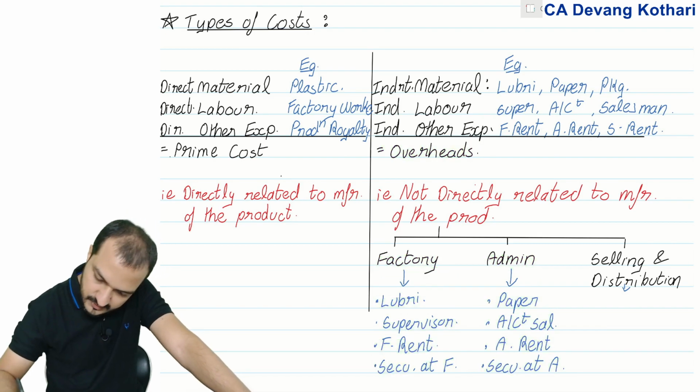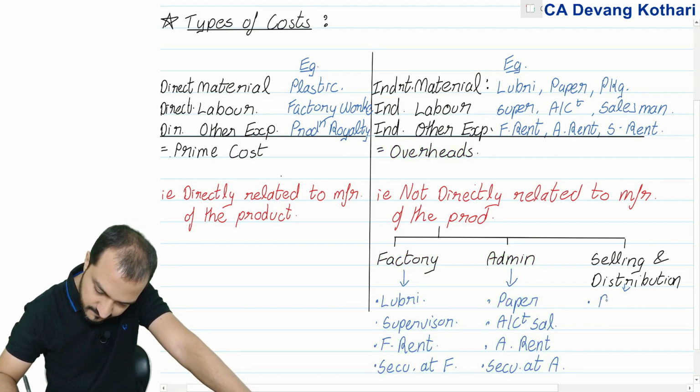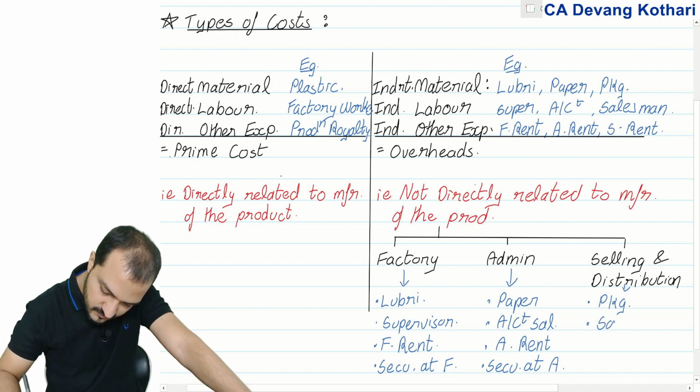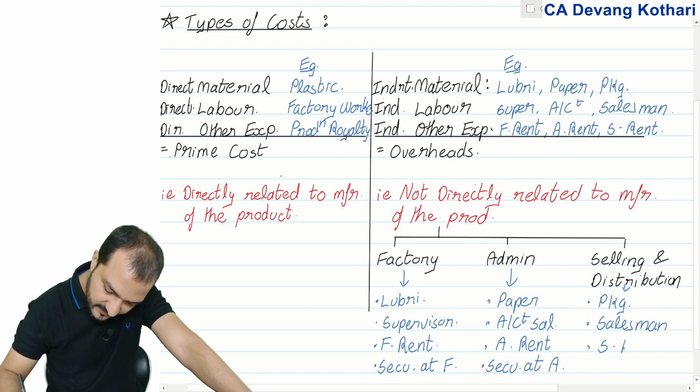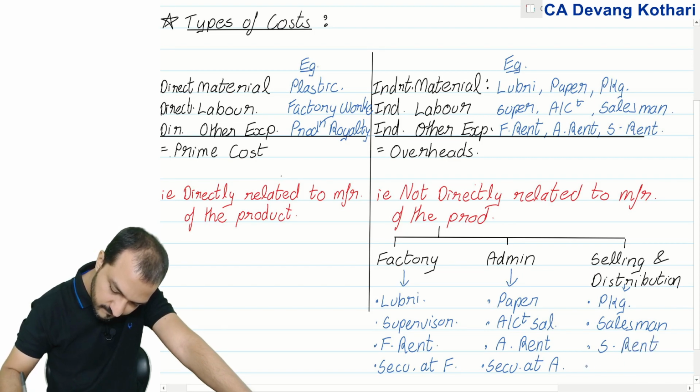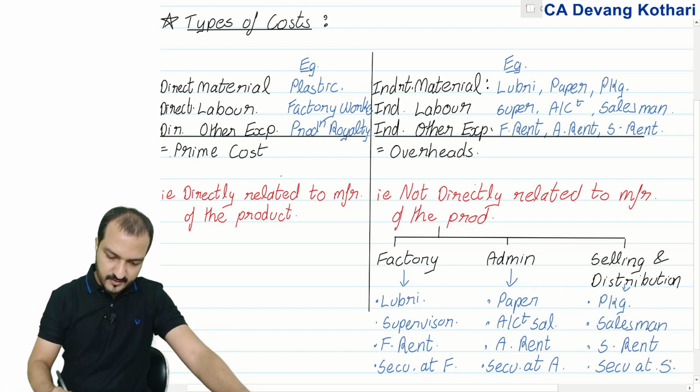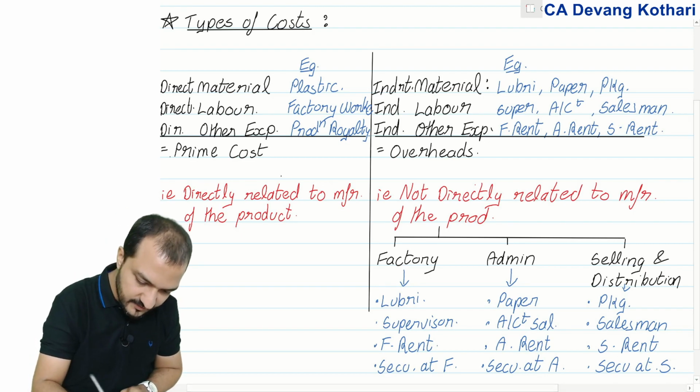Example, packing material, salesman salary, showroom rent, or even security guard at the showroom. Then please make this entire chart like this.